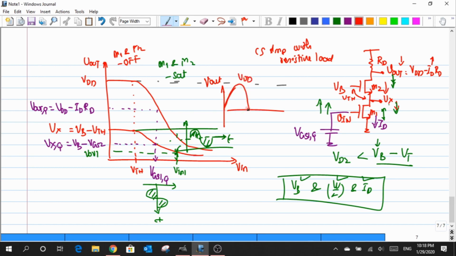What is the minimum value that it can have such that my transistor is in saturation? Previously I marked a particular region where I stated that when the value of Vin is above this value of Vin1, both transistors are out of saturation.